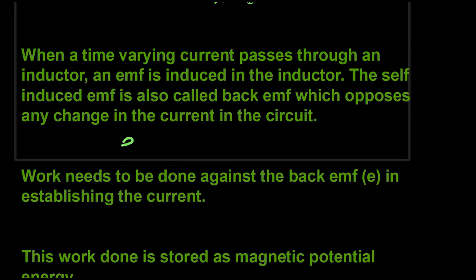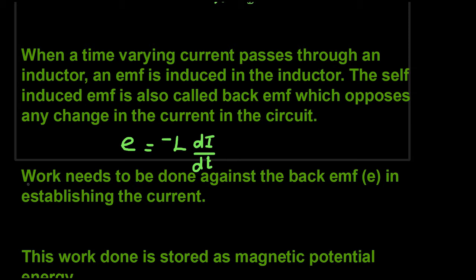E is the EMF induced, that is directly proportional to the rate of change of current through the inductor according to Faraday's laws of electromagnetic induction, and E equals minus L di by dt. The minus sign is in accordance with Lenz's law.